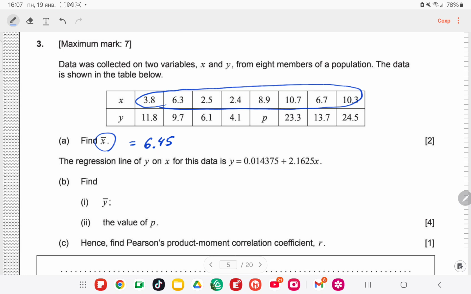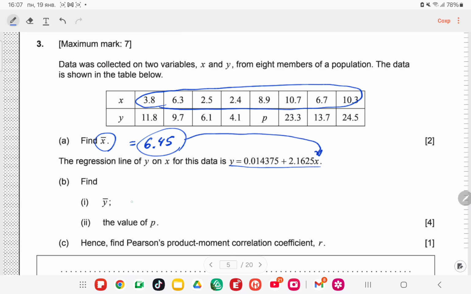Now, the next question: the regression line of y on x for this data is given. Find the mean value of y. Since the regression line is given, we can use the point x bar, y bar and plug this value in instead of x.